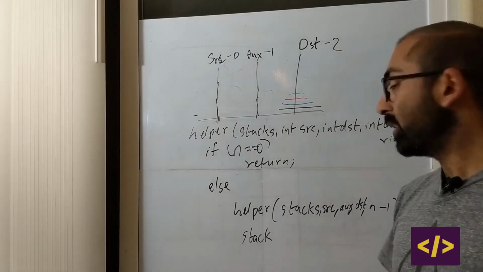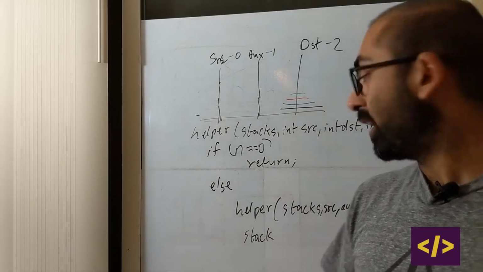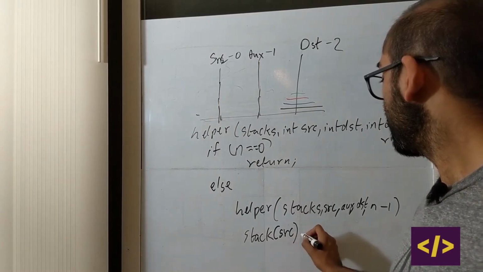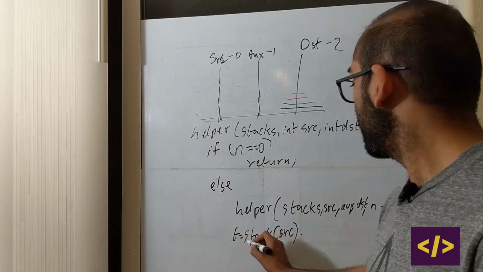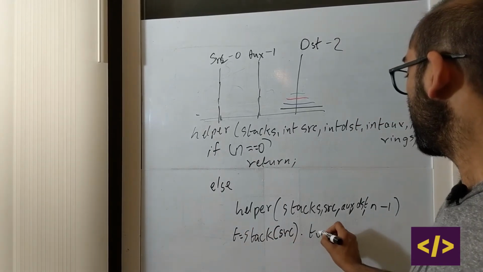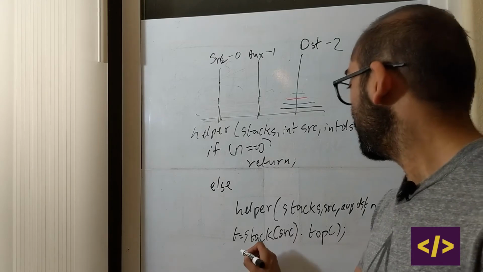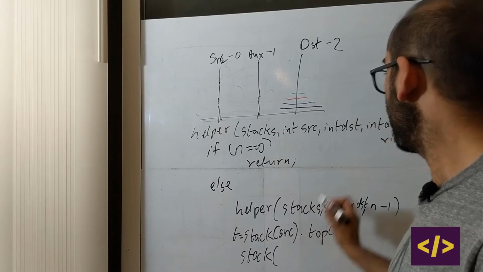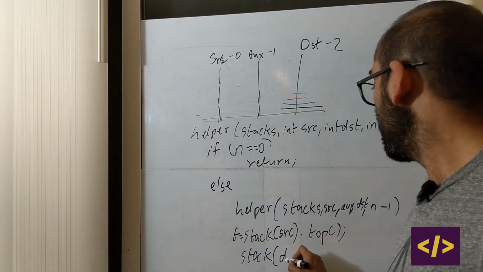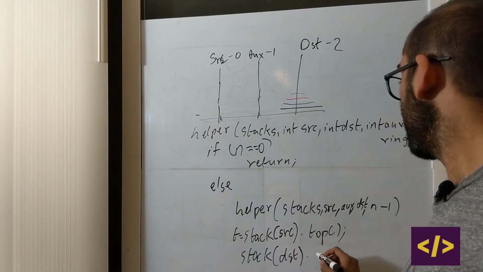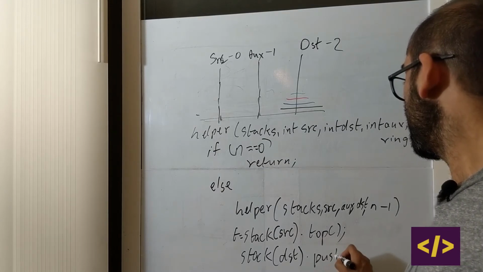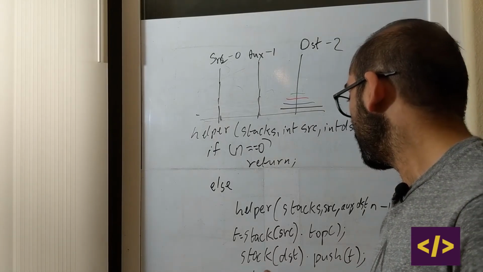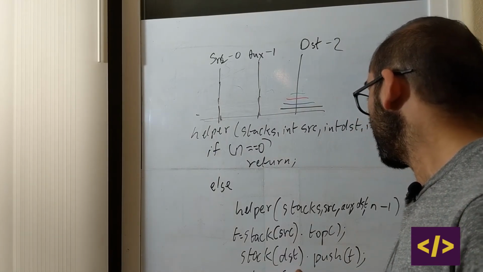Once you have that, at your source stack, take stack dot top, and then push it onto the stack of destination, dst dot push t, and then finally you pop the item out of the source stack.